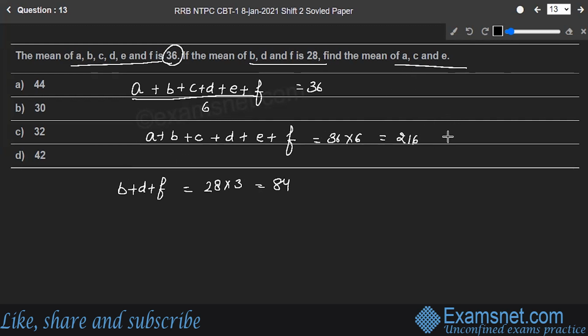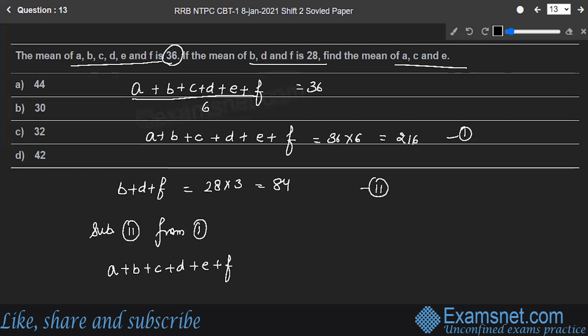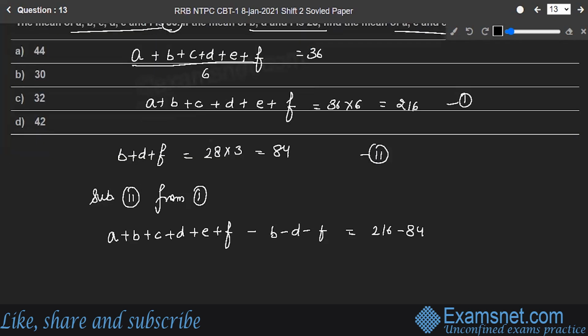So let's do this. Call these equations 1 and 2. Subtracting 2 from 1, you get A + B + C + D + E + F - B - D - F = 216 - 84.